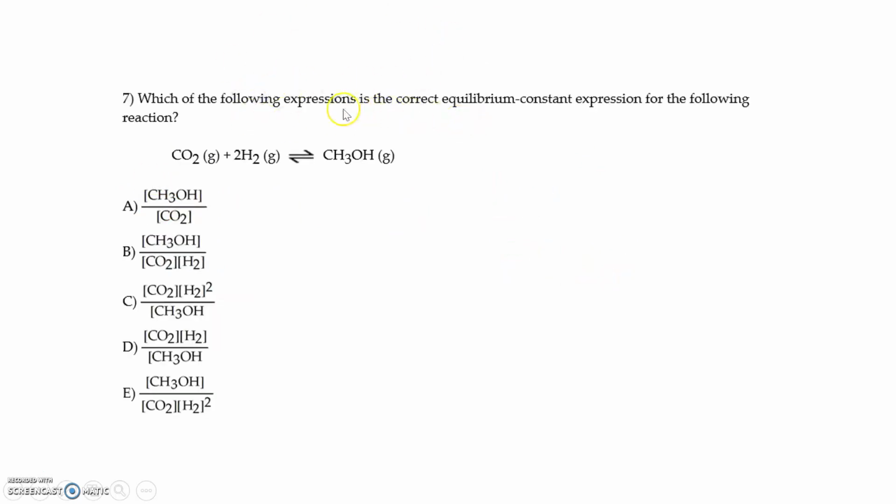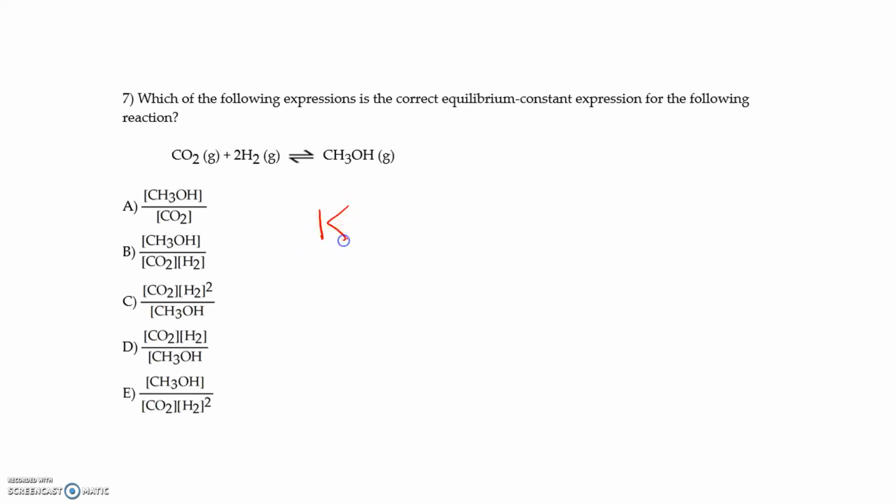Same thing over here, so we're being asked to find the correct equilibrium constant expression. Again, my units are in concentration. So remember, if I had anything that was a solid, that wouldn't be part of my equilibrium expression, but in this case I don't have anything like that.